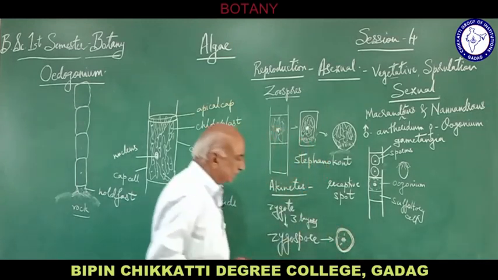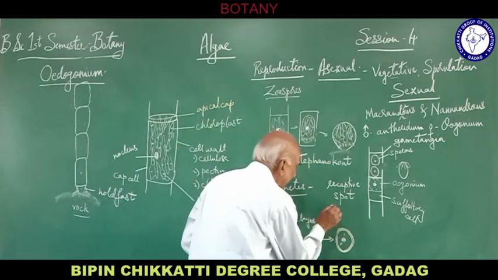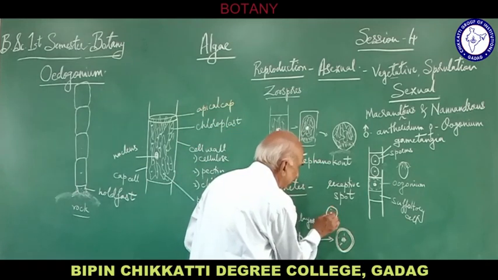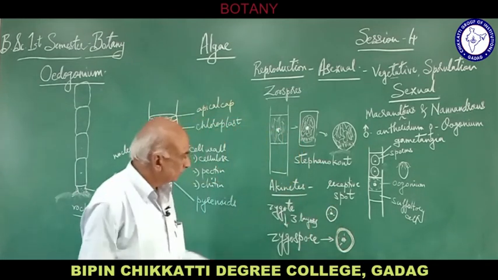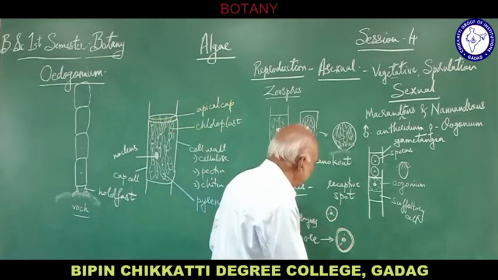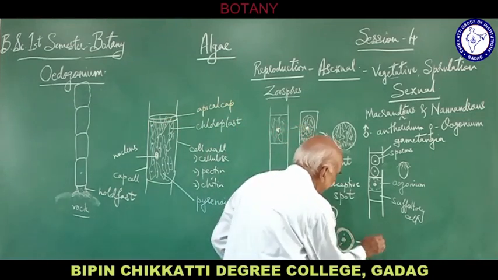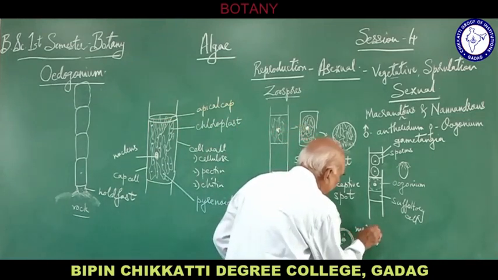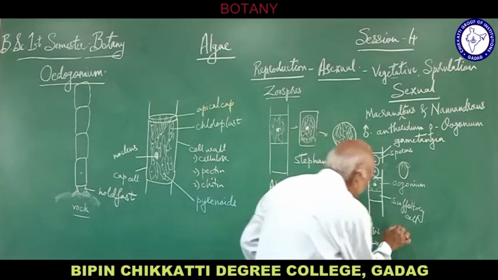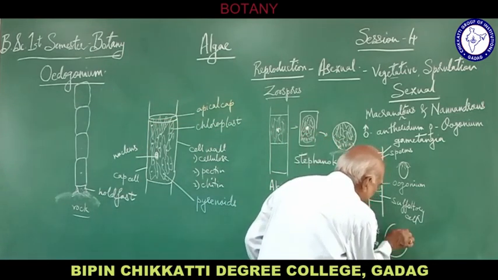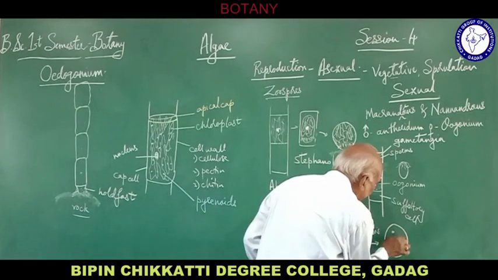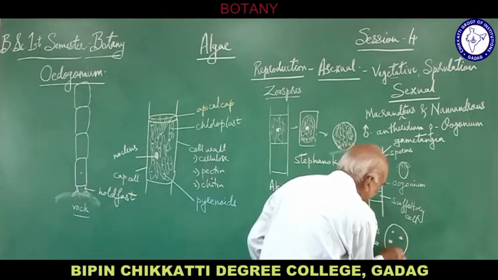The zygote was without any extra layers. So the zygospore divides by meiosis to form 4 nuclei. So these 4 nuclei are formed in this zygospore.